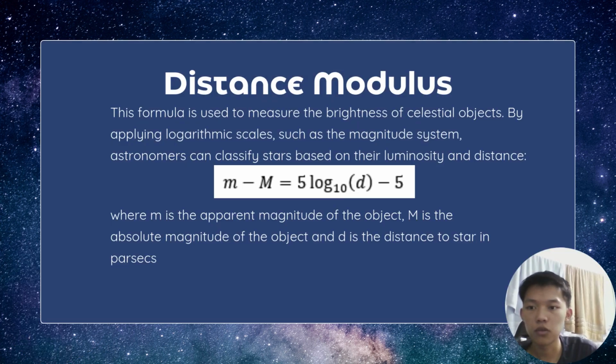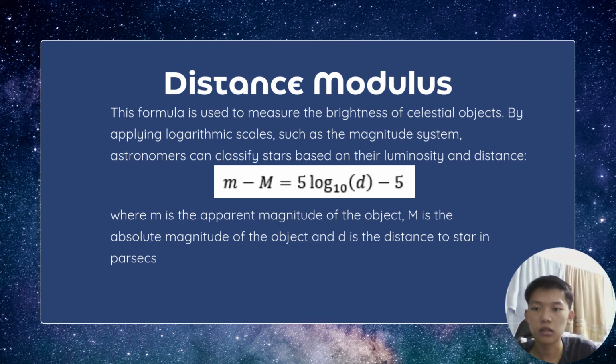The distance modulus formula is used in astronomy to determine the brightness and distance of celestial objects by applying the magnitude system, which follows a logarithmic scale. The formula is given as small m minus big M is equal to 5 log d base 10 minus 5, where m is the apparent magnitude, that is, how bright the object appears from Earth.